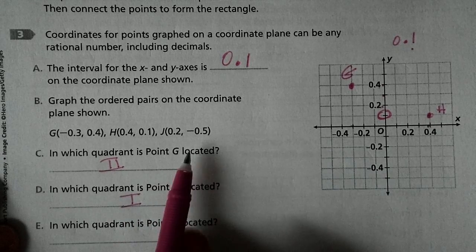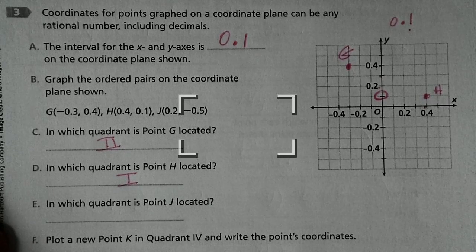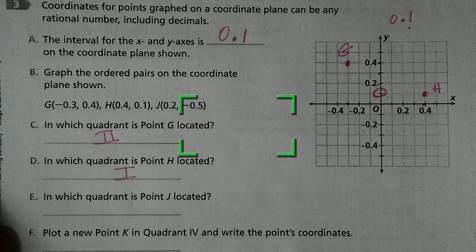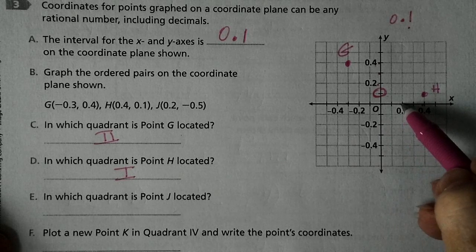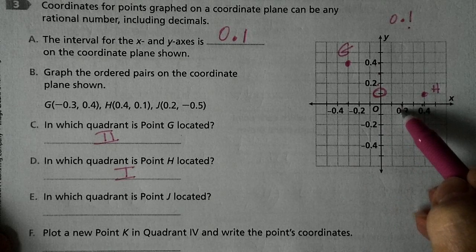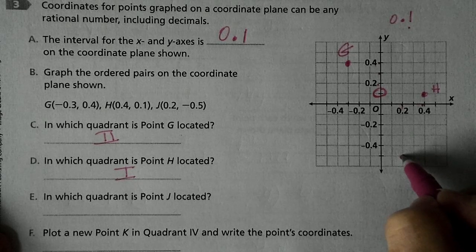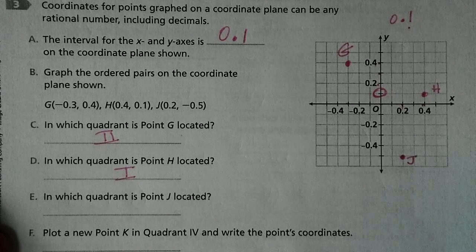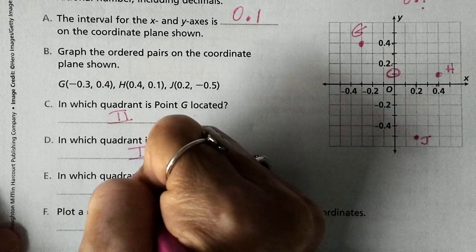And G guys were in quadrant 2. All right, what about J? (2/10, -5/10). So what quadrant would that be? Quadrant 4. Yep.